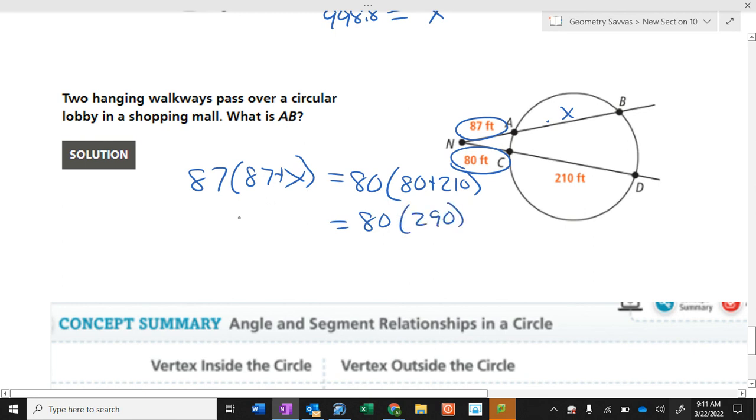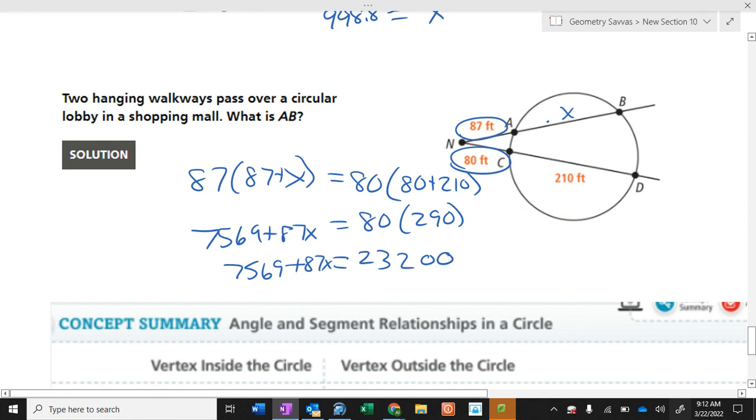What's 87 times 87? 7569 plus 87x equals 80 times 290, which is 23,200.